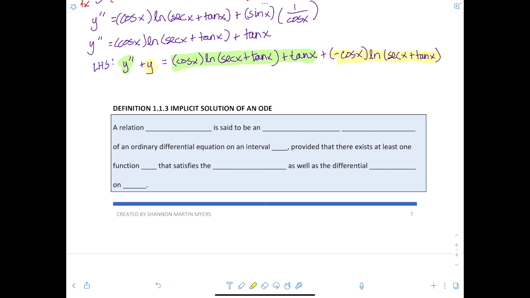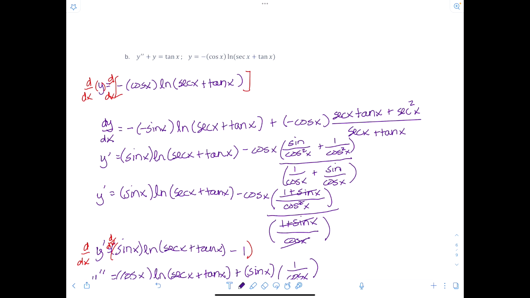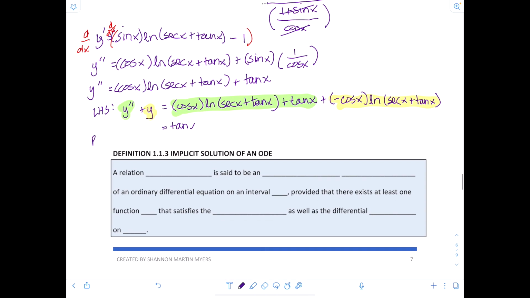And you'll see that the first and the third term will zero out. And so we're going to get tangent x when that all is said and done. Let's look at the right-hand side. The right-hand side, lo and behold, is tangent x, which equals the left-hand side. So we're done. It's verified.